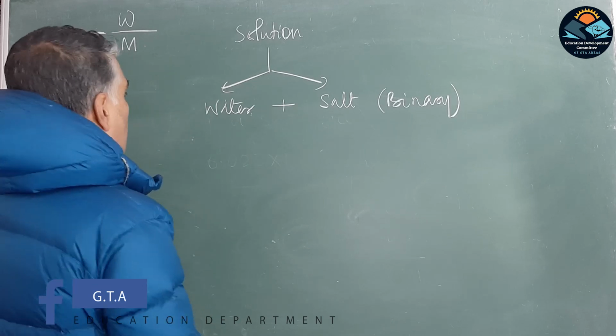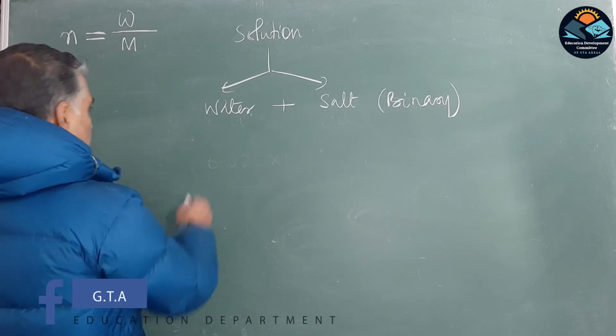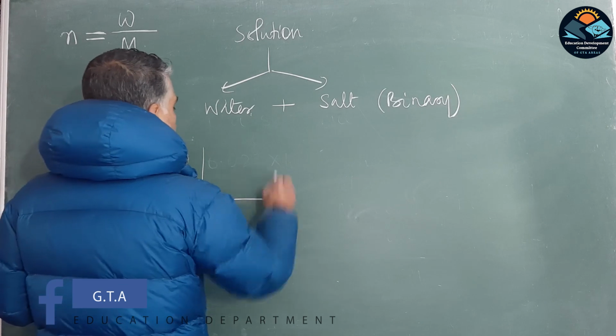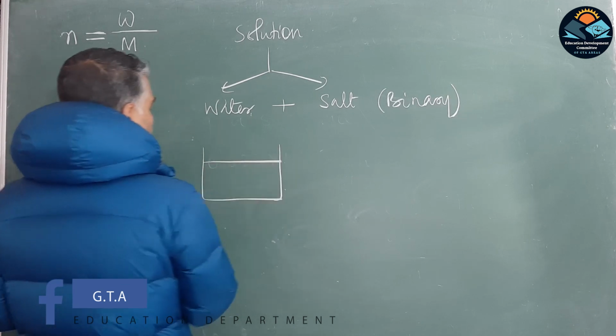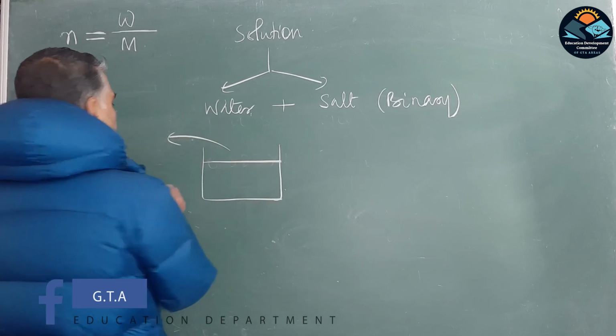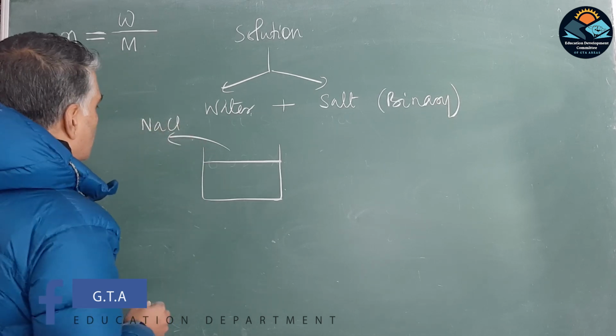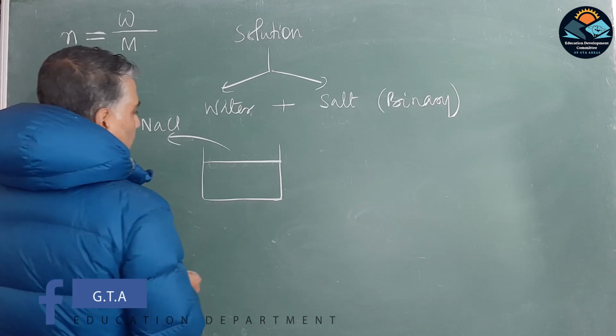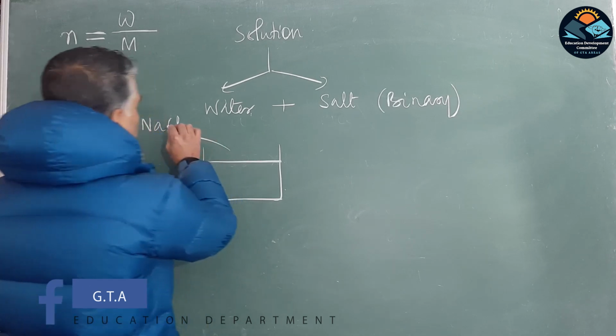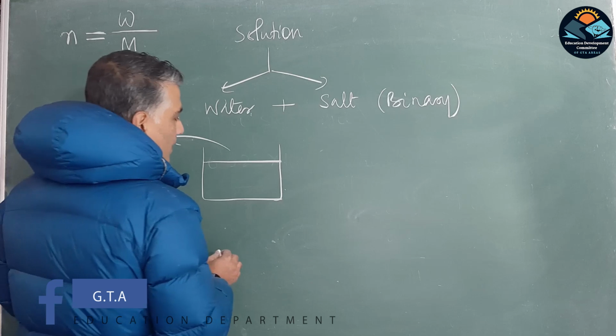Okay. So in our solution, let's talk about a solution of salt in water. Let's say we'll be taking sodium chloride. That's the common salt we use. So it's a solution of sodium chloride in water. You can prepare a solution of sodium chloride in water in so many ways.